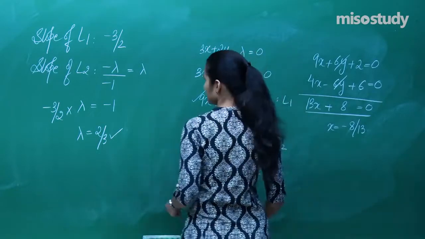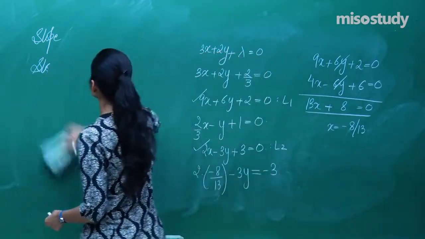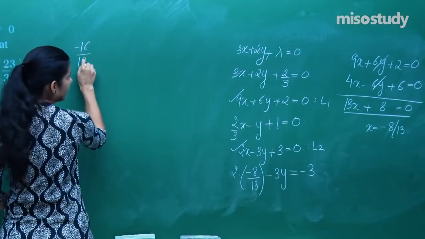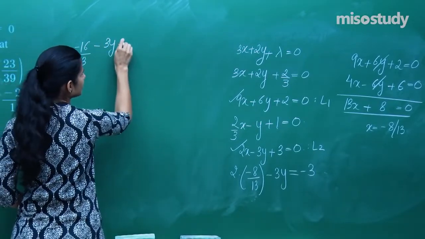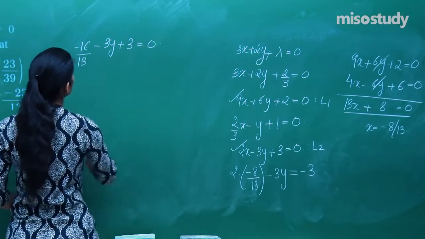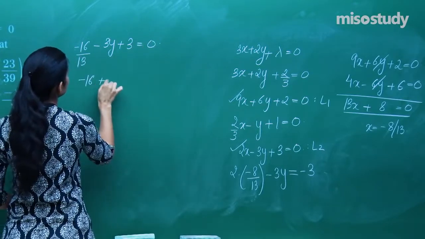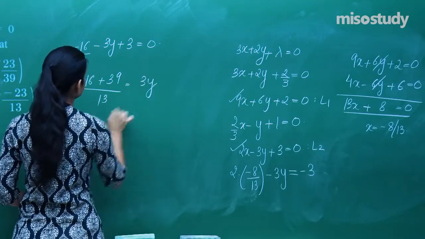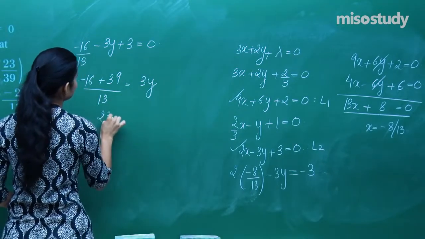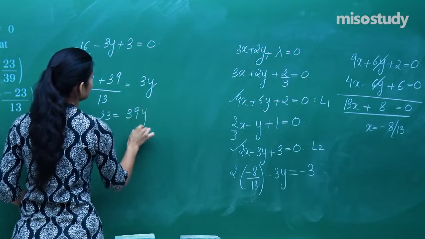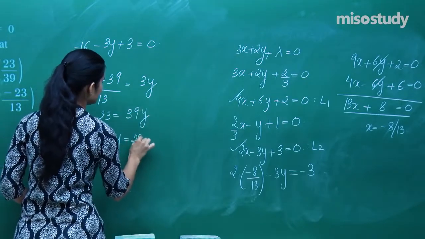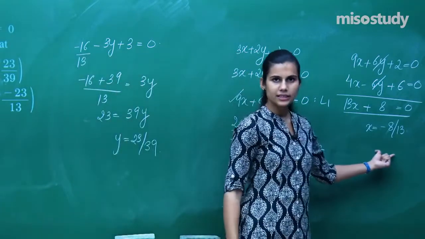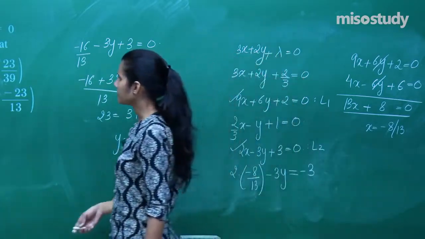X is minus 8 by 13. So you have minus 16 by 13 minus 3y plus 3 equals 0. So this gives you minus 16 plus 39 by 13 equals 3y, which is 23 by 13 equals 3y. Y is 23 by 39. So x is minus 8 by 13 and y is 23 by 39.